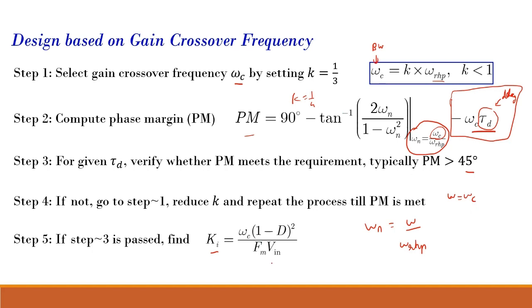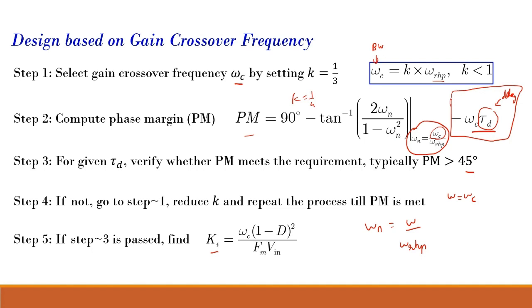Compared to analog, in digital this minus omega c into tau d will come into the phase margin equation, and it will reduce the phase margin because of the delay. It deteriorates the response of my system. For the same crossover frequency, the phase margin becomes less.